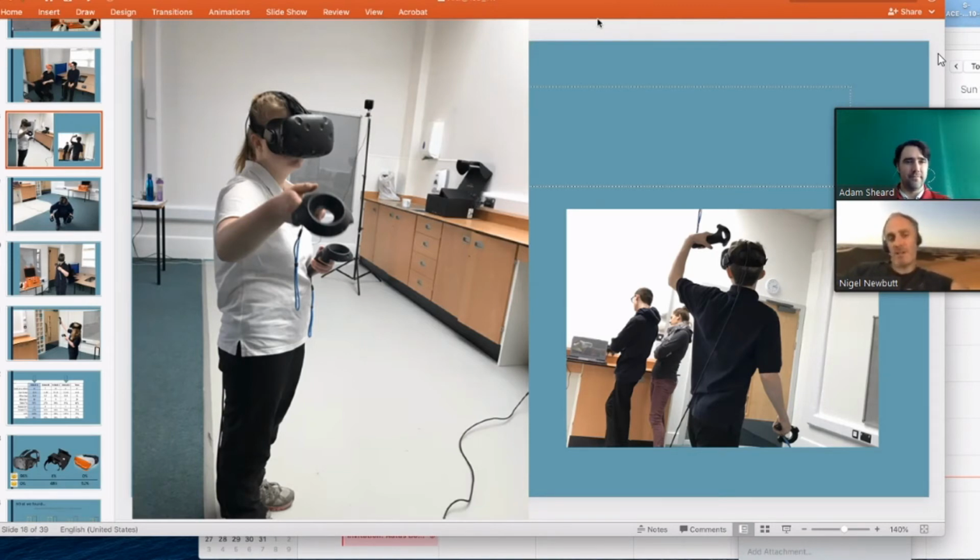But I think there's something quite interesting about using the very low-tech solutions. I think the low-tech solutions have the highest reward in terms of affordability. If everybody had $400 or £300 to spend on an Oculus Quest, then great, but they don't.